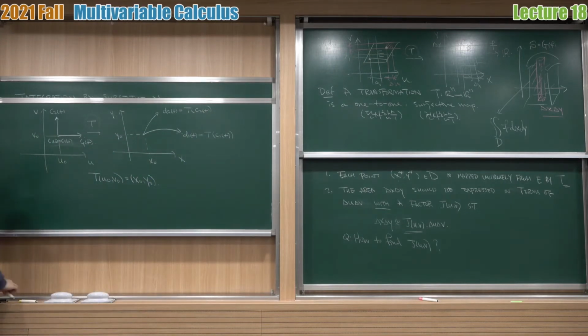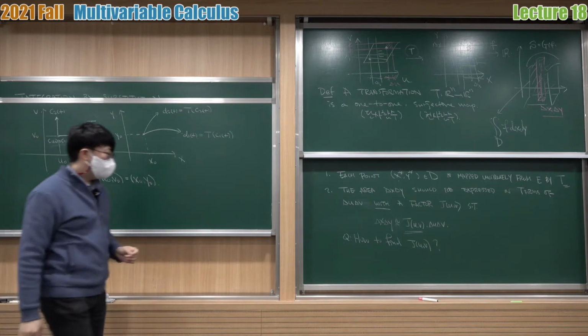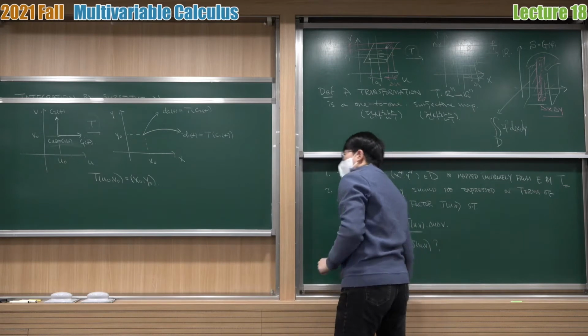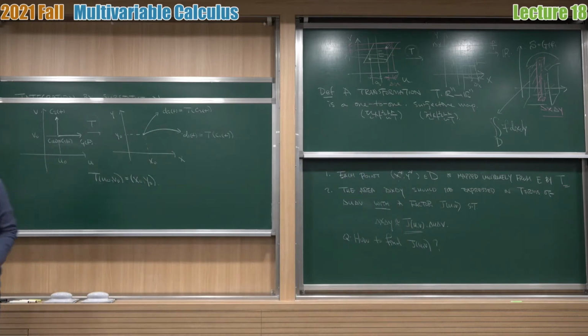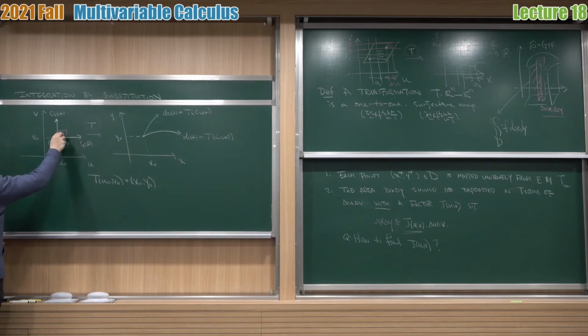So how do you measure the area bounded by two vectors? I want to find the small area with a small increment of delta u and a small increment of delta v.